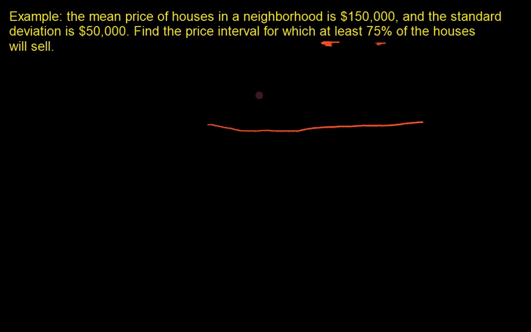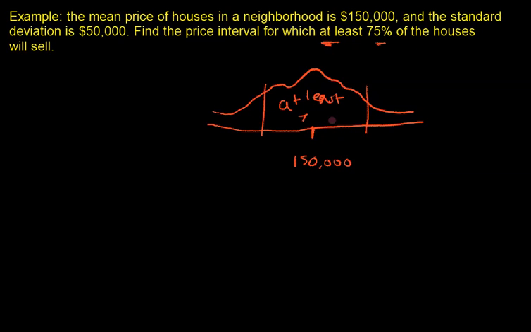Sometimes it's helpful to draw these out. We don't know what the distribution looks like, so I can draw it any way I want. But we know here in the center is 150,000. I'm trying to find the interval which is at least 75% according to Chebyshev's theorem. It would depend on what k is.